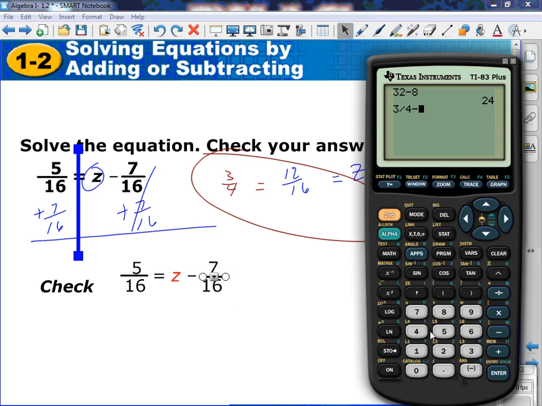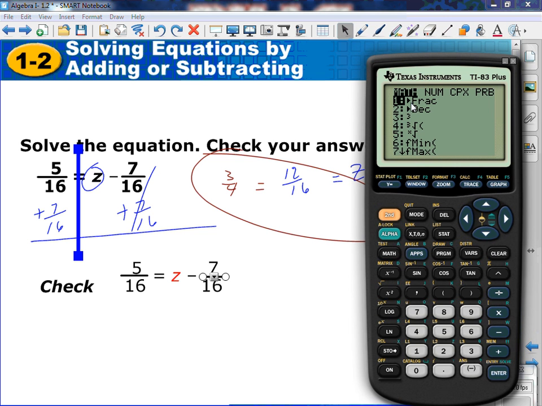3/4 minus 7/16. All right, I got a decimal. Okay, some of you know how to use this calculator. To change from a decimal to a fraction, there's all these buttons here. Below the green one's a math button. If I press that one, there's all these different options.